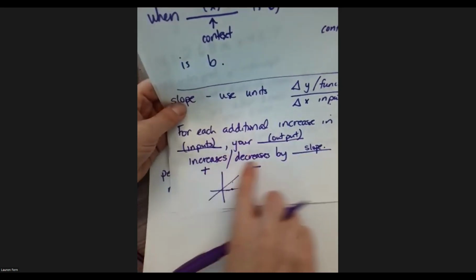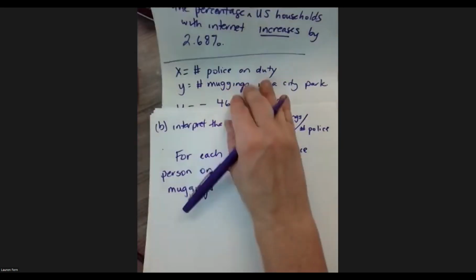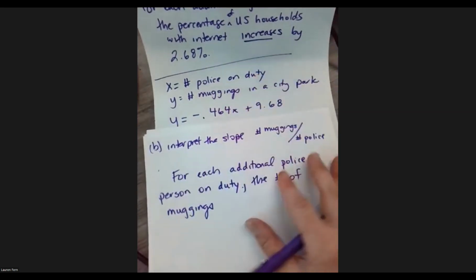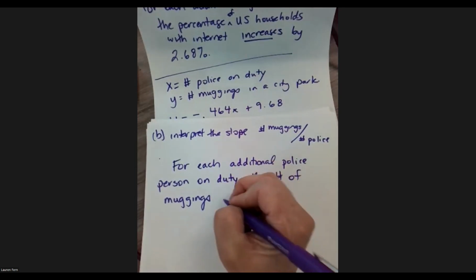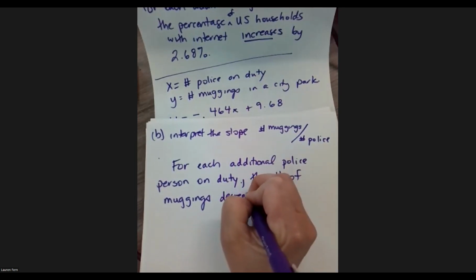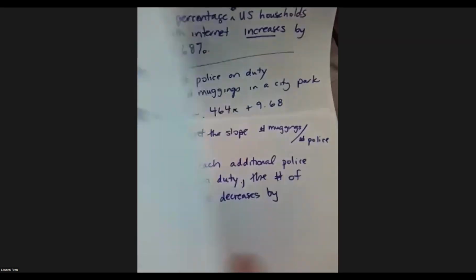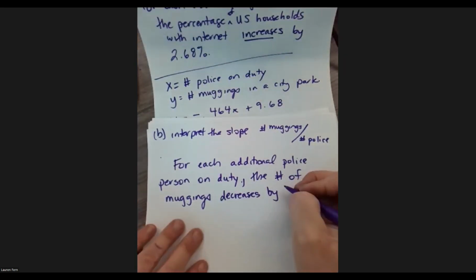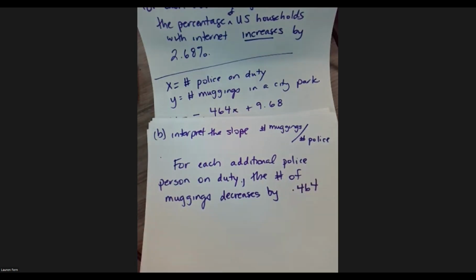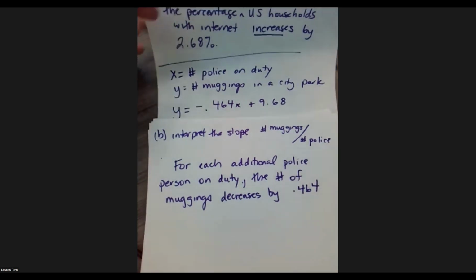Does it increase or decrease? Notice here our slope is negative, so it decreases by our slope, in this case 0.464. Now, I know these numbers seem rather nonsensical, but remember, these are the line that best estimates the data, so they're an approximation.